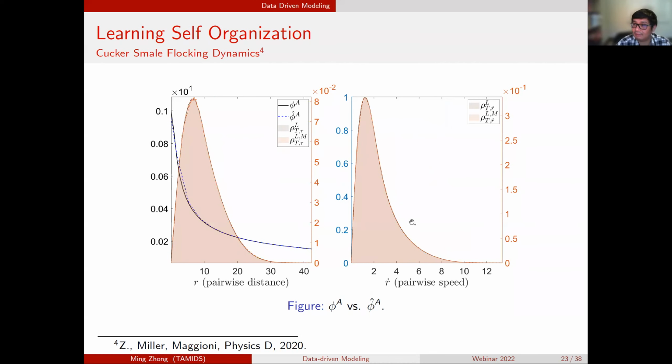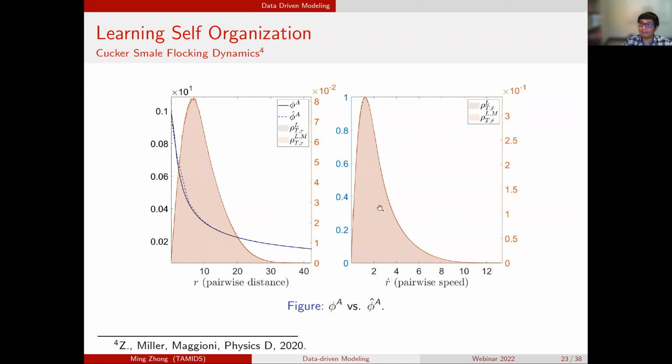And here's a comparison for the alignment-based interaction. We have the Cucker-Smale model, so we only have an alignment-based interaction law. In the background again is the distribution of the pairwise data. The blue dashed line is the learned alignment-based interaction kernel, and the black solid line is the true interaction kernel. We can follow that really closely, especially towards the end.